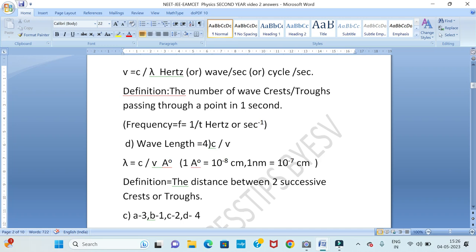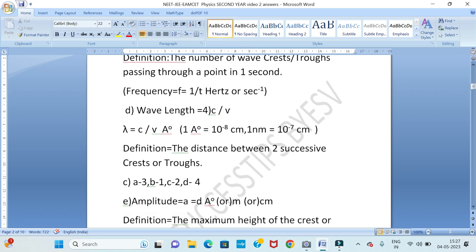Here also we take successive values: minus 8, next successive minus 7, minus 6, minus 5, like that 0, 1, 2, 3. Two successive crests like that. 1 angstrom, 1 nanometer, we are taking successive centimeters. That is one keyword you can remember like this also.